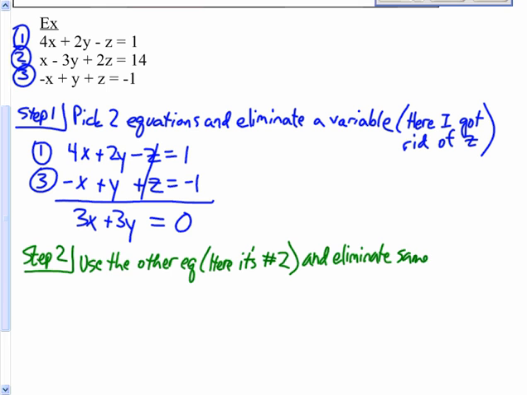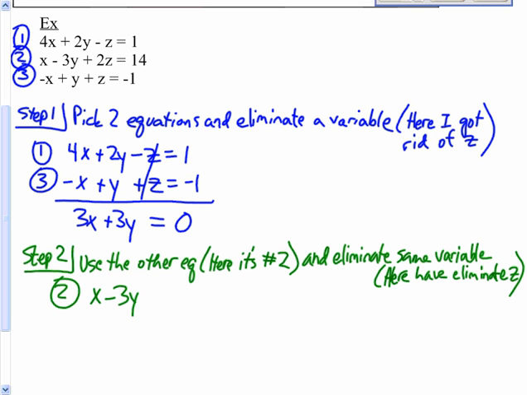So I have to eliminate z here, because that's what I got rid of on the first step. So I use equation 2, which is, oh excuse me, x minus 3y plus 2z equals 14. And I can use either equation 1 or equation 3. How about I just use equation 1?